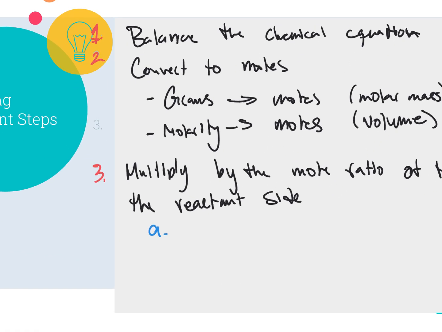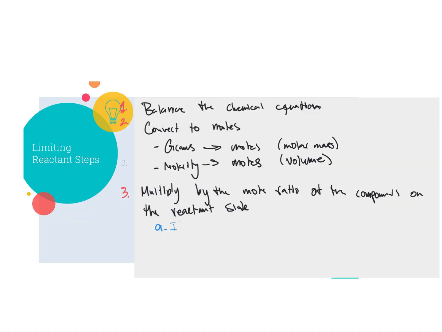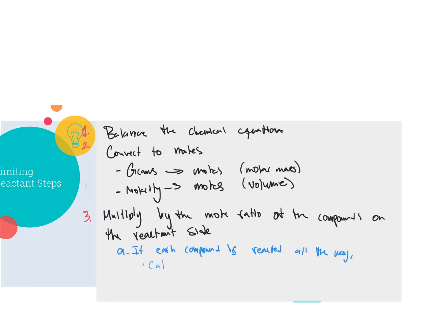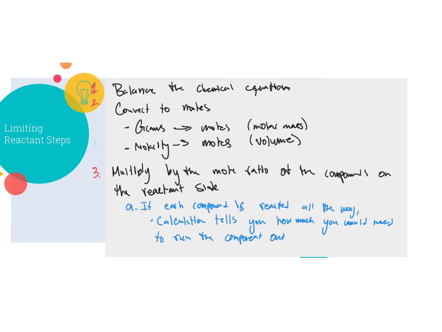Scenario A is essentially if each compound is reacted all the way, the calculation tells you how much you would need to run the component out. In other words, it tells you how much is required for the reaction to actually fully occur.